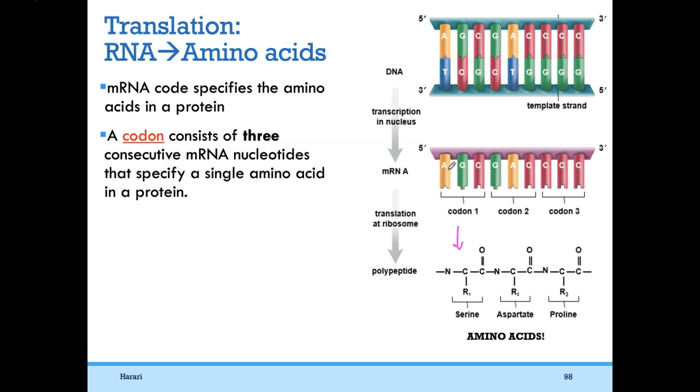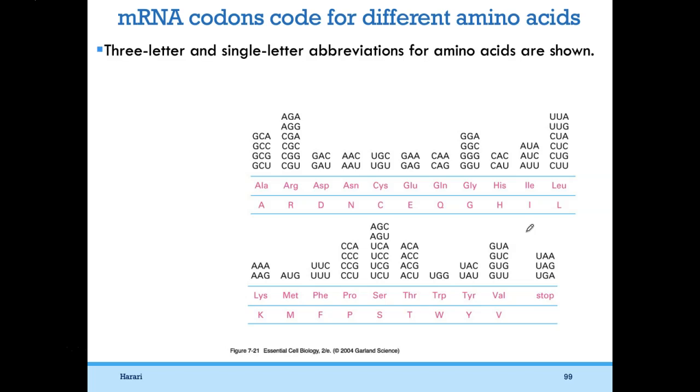So for example, AGC is the first 3 nucleotides. That's the first codon. AGC only specifies the amino acid serine. The second codon, GAC, only specifies the amino acid aspartate, and so on. So this is a way to look at all the different possible codons and how they're divided amongst the 20 amino acids.